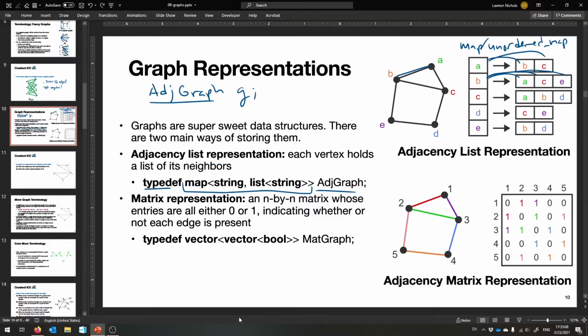The other common way is using a matrix. A matrix must be n by n because you don't know ahead of time. You can't make a non-square matrix for graphs, unfortunately. You have to store it like this and put a 1 or a 0 depending on whether or not there's an edge between these two things. With an undirected graph, this is kind of duplicated across this axis, but with a directed graph, you need both sides.